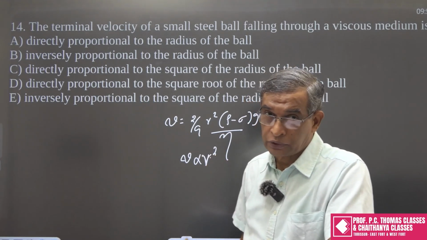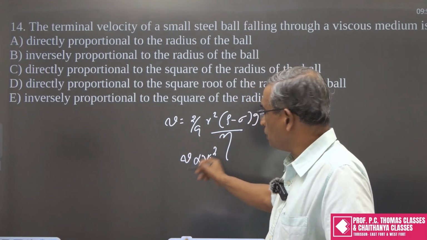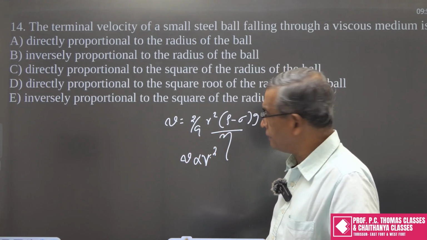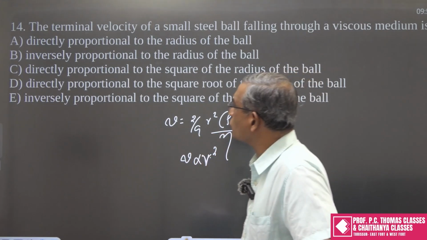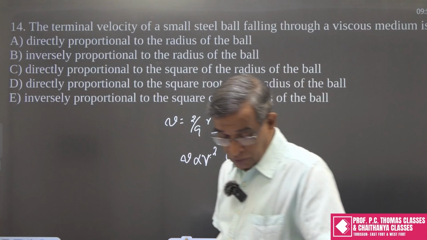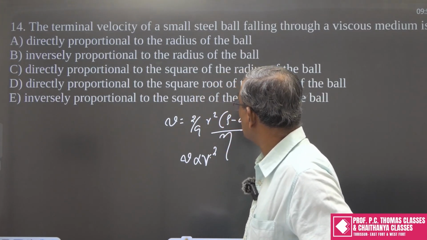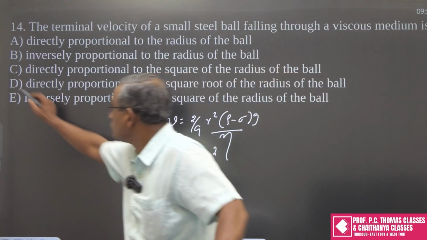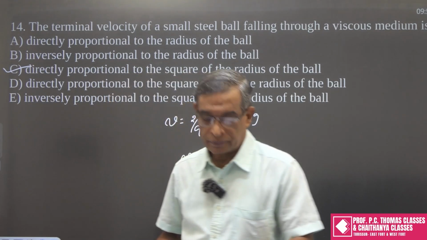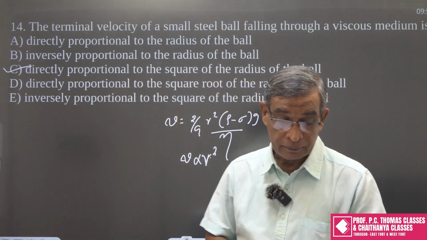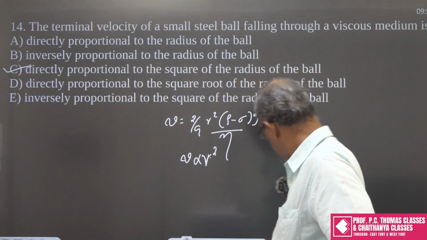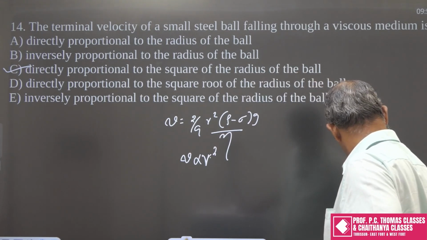The formula must be there with you. So comparing, we get from the expression v proportional to r squared. So the option is directly proportional to the square of the radius of the ball. So option is equal to C. Shall we go to our next question.